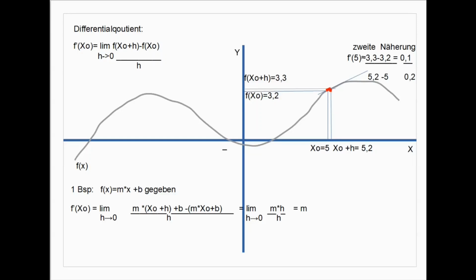For the general example 1, f of x equals m times x plus b, we want to calculate the differential quotient in general.